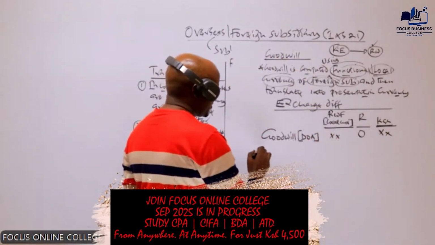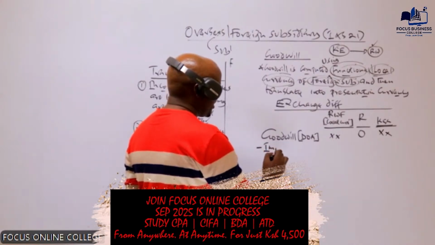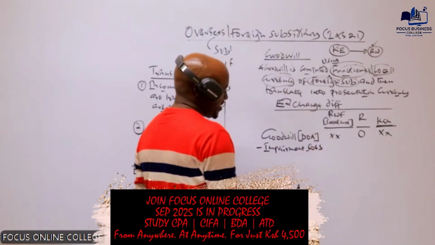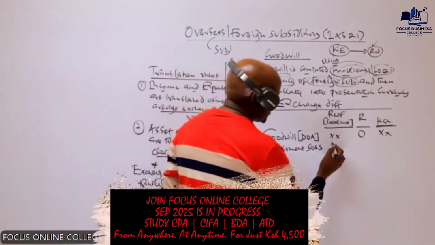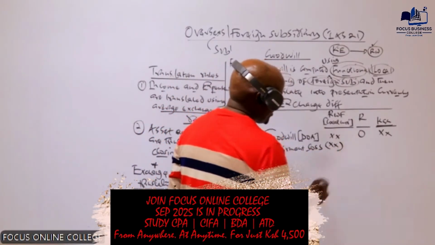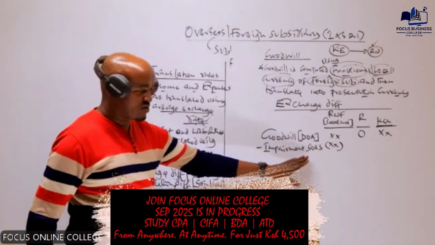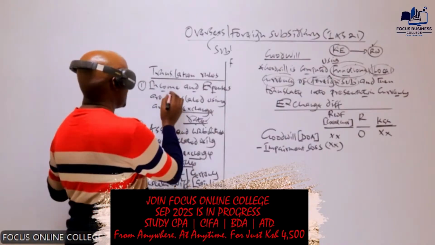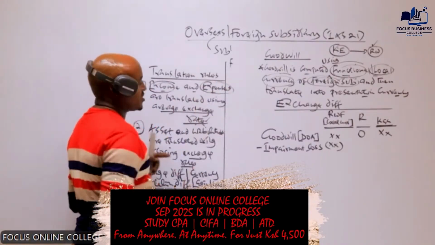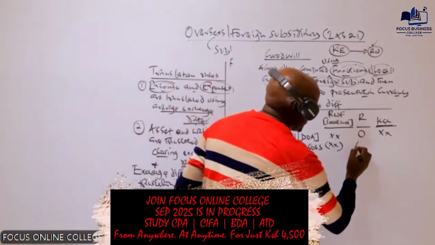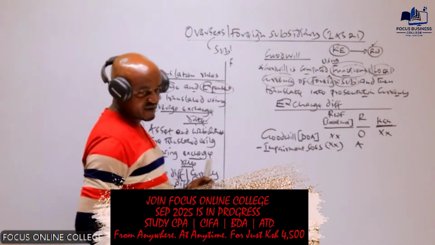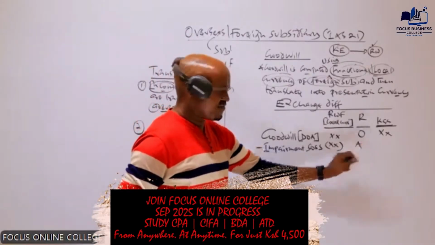And then, after this, we less any impairment loss. This particular goodwill automatically will have impaired. So we less impairment loss here. And because this impairment loss is an expense, you have to remember what you have said here. Any item of income or any item of expense will be translated using which rate? The average, A for average. Maybe you can just note that somewhere, A for average.